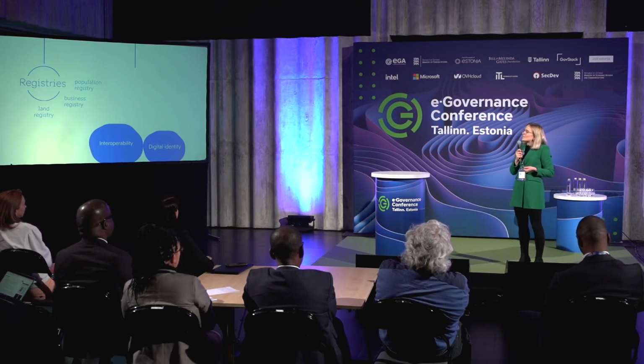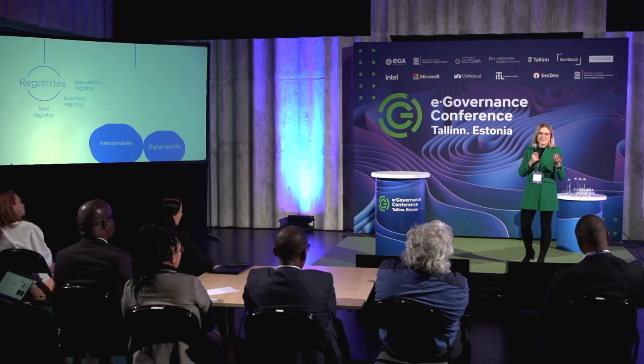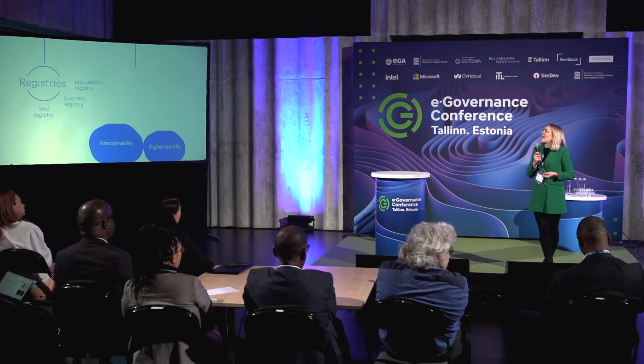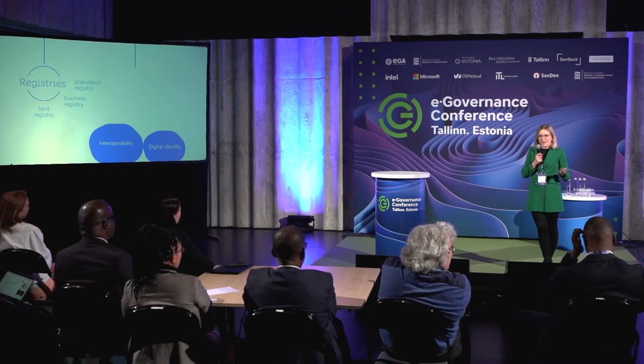So in terms of the opportunities that digitalization presents, we basically can remove all this manual work and the resources that go into it, and instead automate these processes. And this is where interoperability comes in.